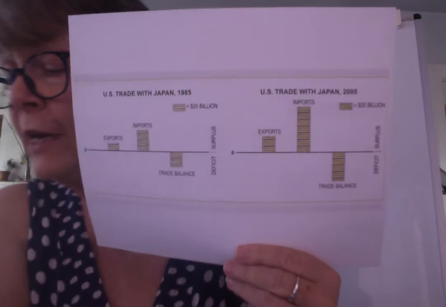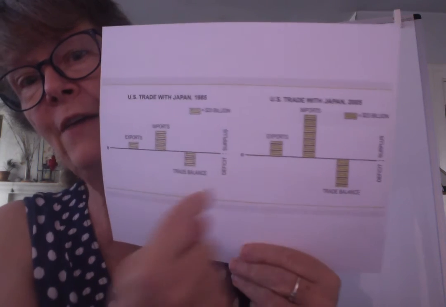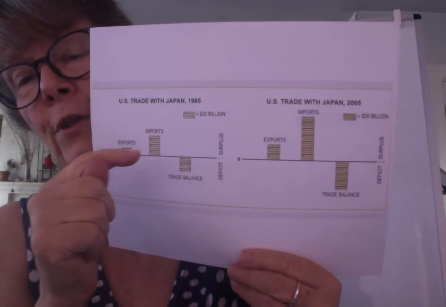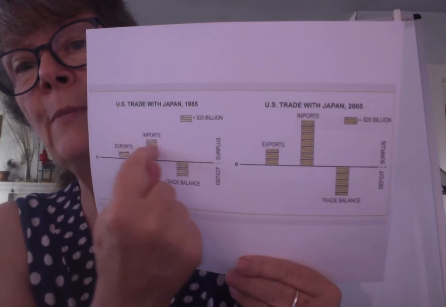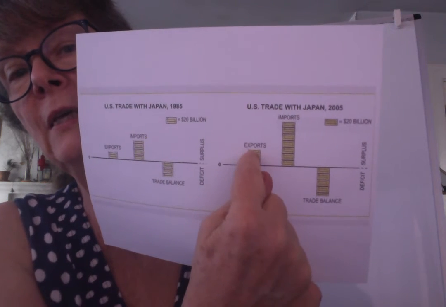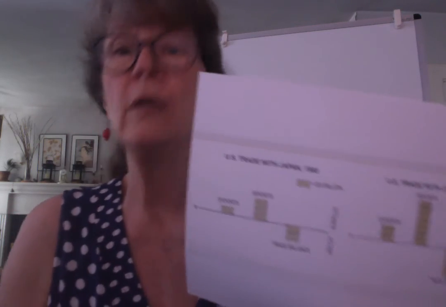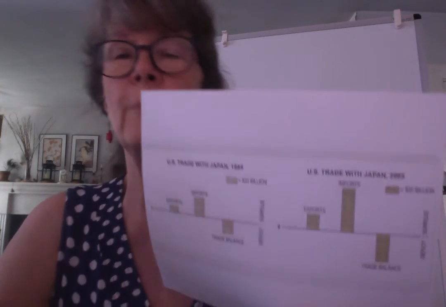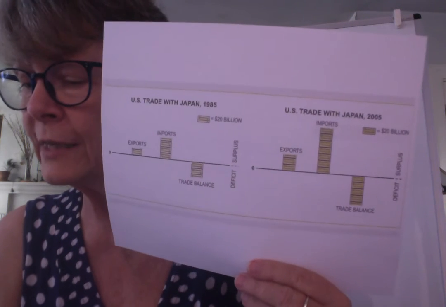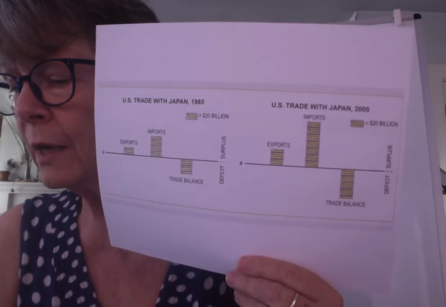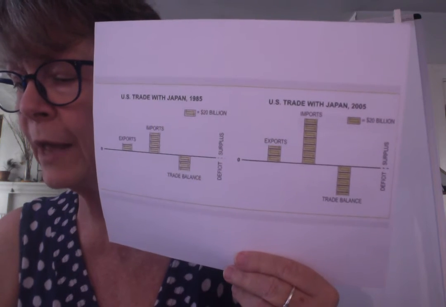If we had achieved a trade balance, we wouldn't have a deficit. This and this would be the same size. A balance would be we exported exactly as much as we imported. So nowhere on this chart is there a trade balance.